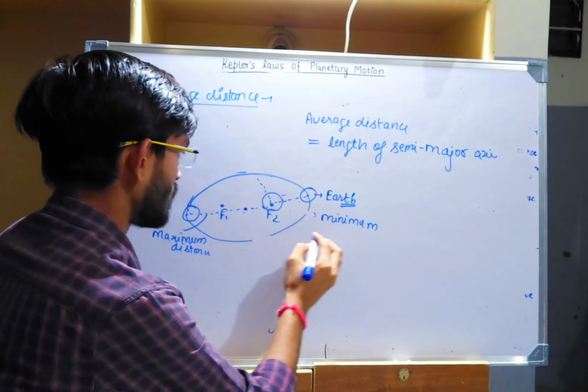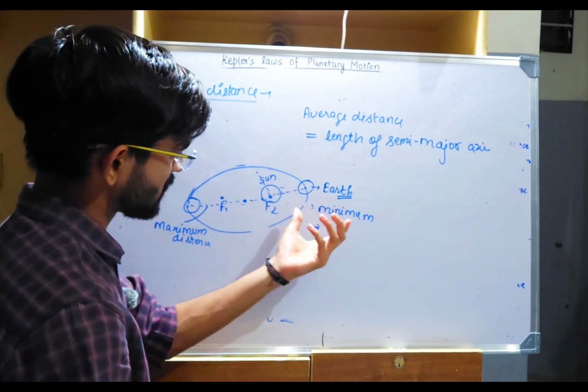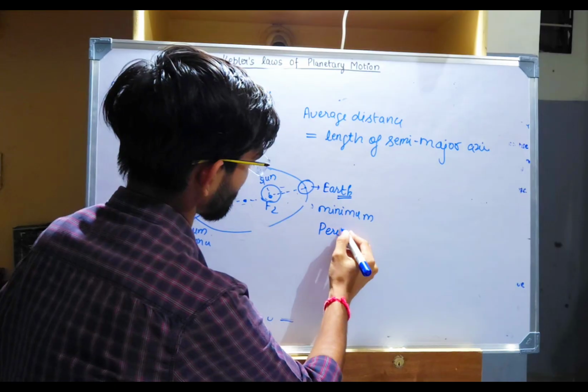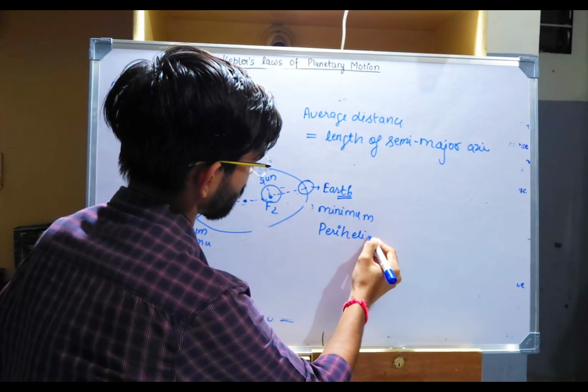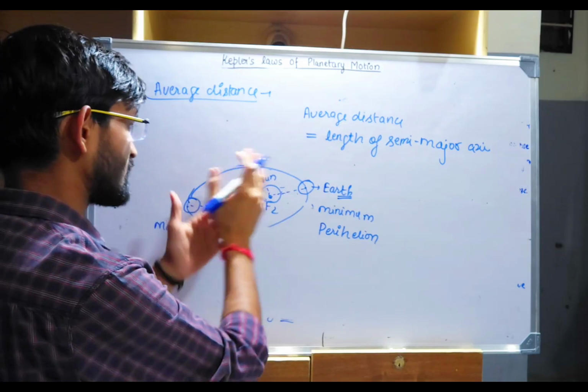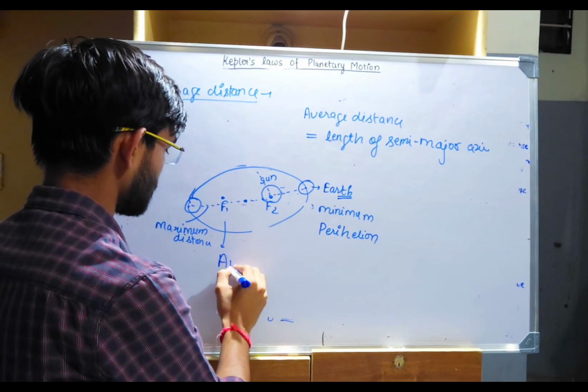The point at which Earth is at minimum distance is called perihelion, and the point at which Earth is at maximum distance from the sun is called aphelion.